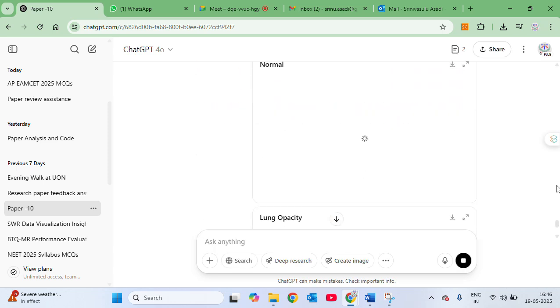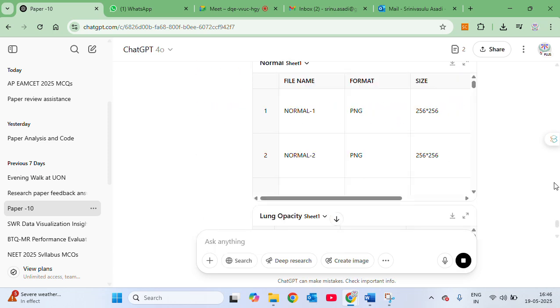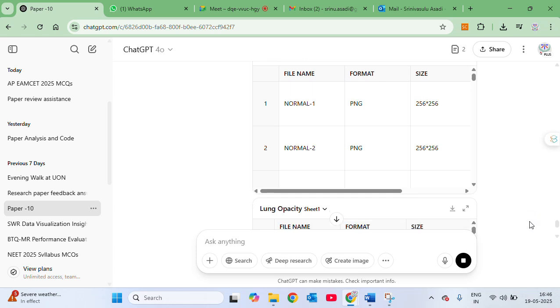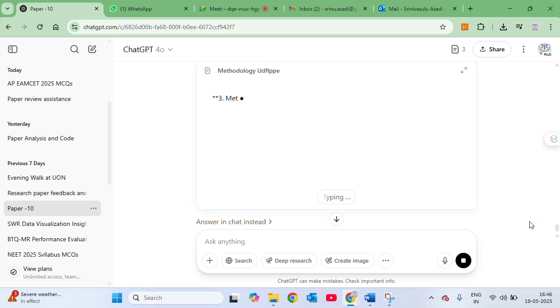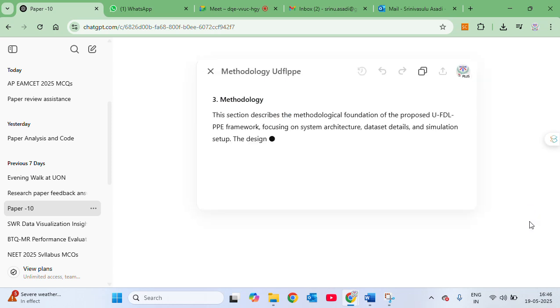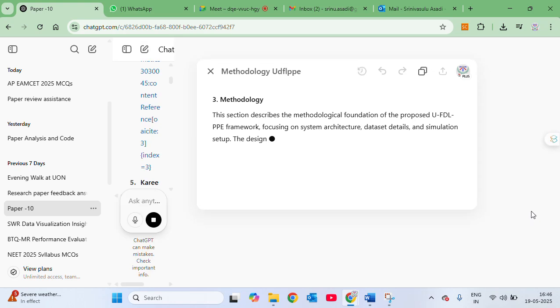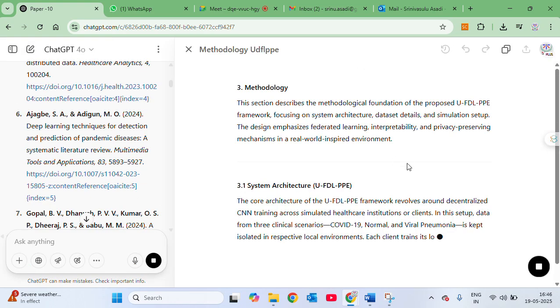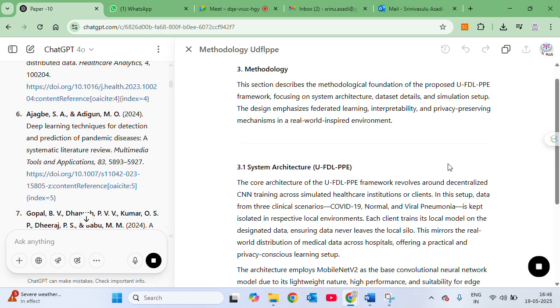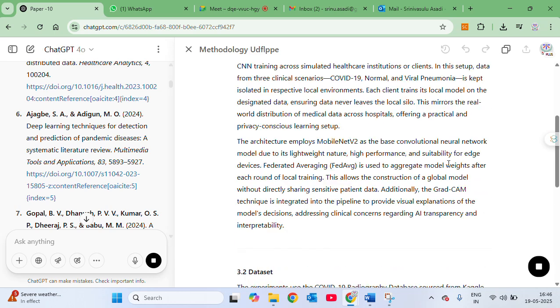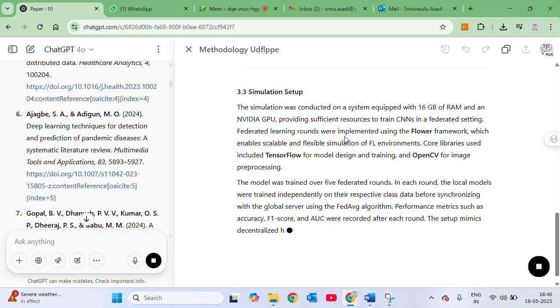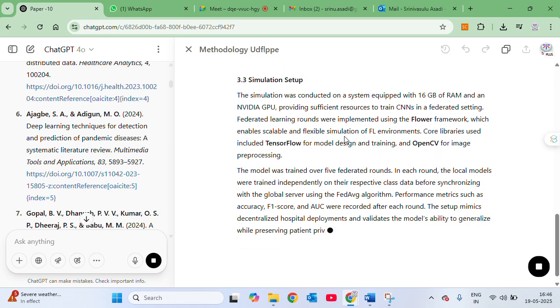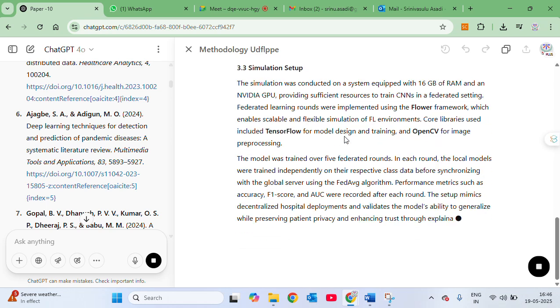So now I am preparing methodology based on the input data sets and everything. Now it is preparing methodology. See now. So I think it is preparing three side headings in this methodology.